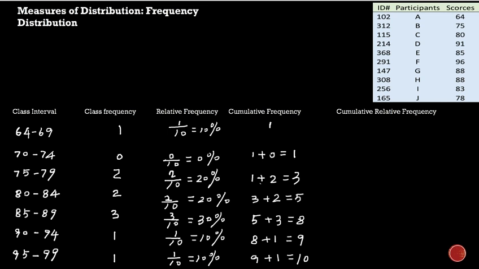So for the first category, 1 divided by the size of the data set, 10, is 10%. The second category, 1 again, 1 over 10, 10%.